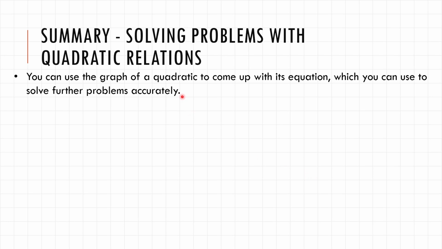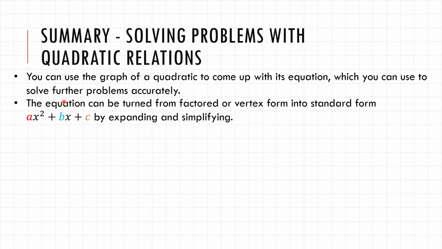Finally, we looked at real-world issues. You can always use the graph of a quadratic to come up with its equation, and its equation is super useful to solve problems really accurately. You can always turn that equation into factored or vertex form by factoring it or completing the square. Or if you have it in factored or vertex form, because that's how you obtain the equation in the first place from the graph, you can always turn that into standard form.